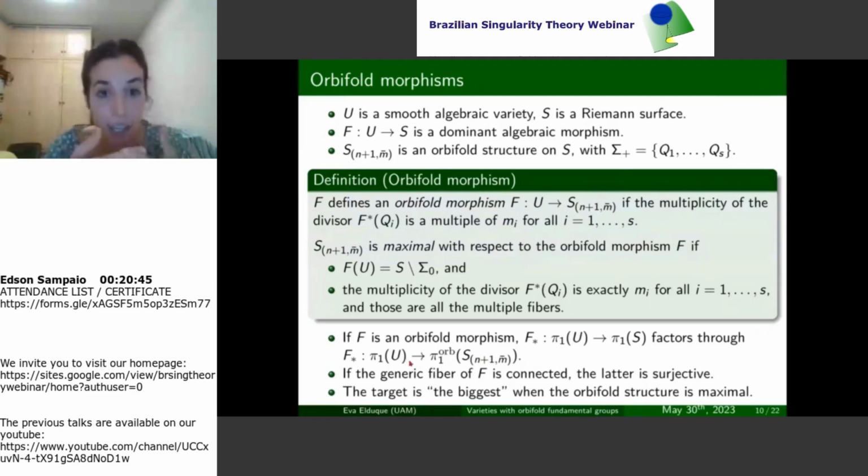So looking at algebraic morphisms to a curve seems like a way to try to at least understand this problem, or where these types of groups can arise as fundamental groups.